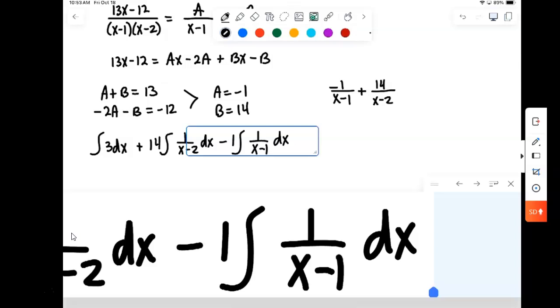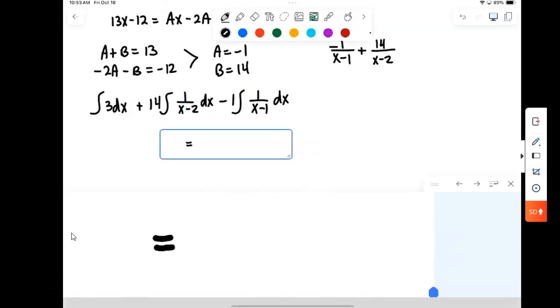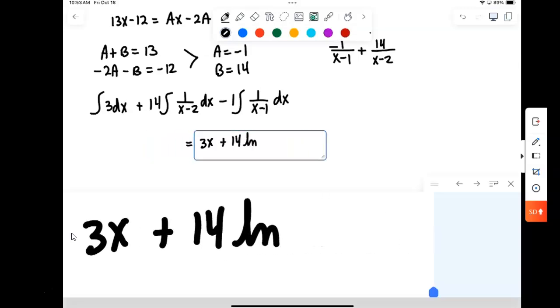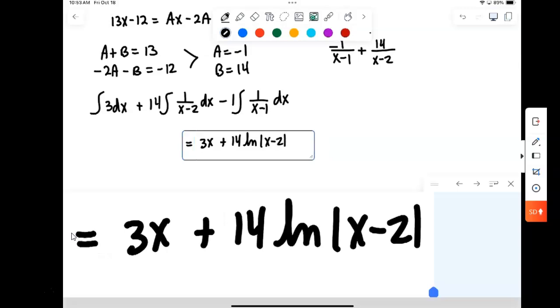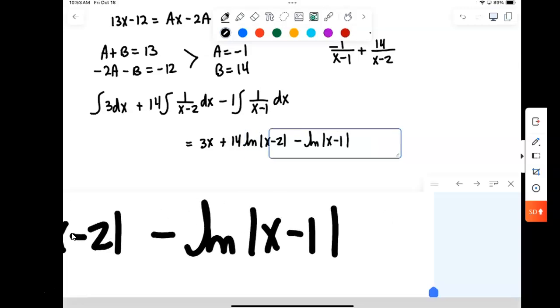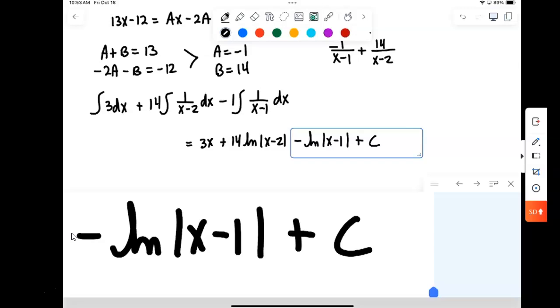All right, and we carry our process through. That'll be 3x plus 14 ln absolute value of x minus 2, minus ln absolute value of x minus 1, and that's all plus a constant.